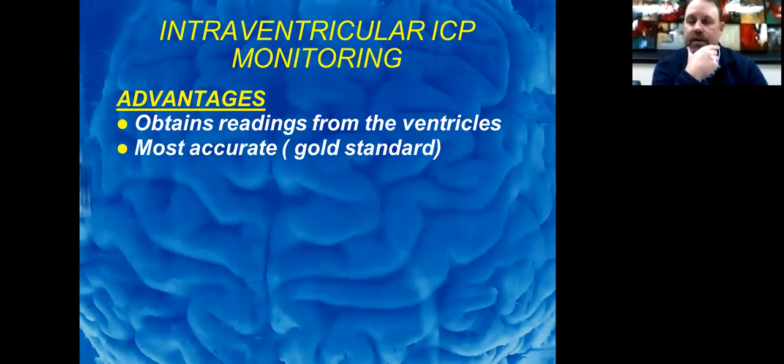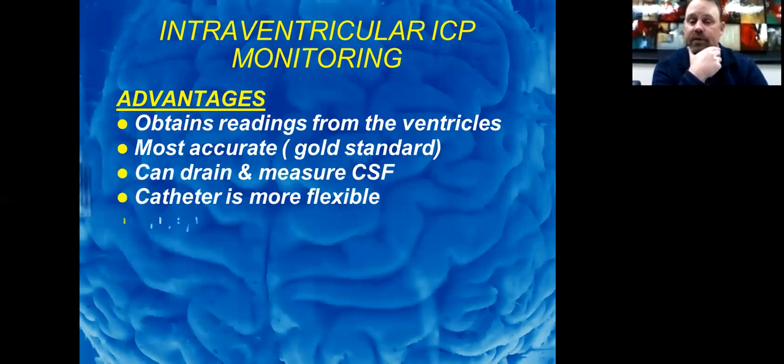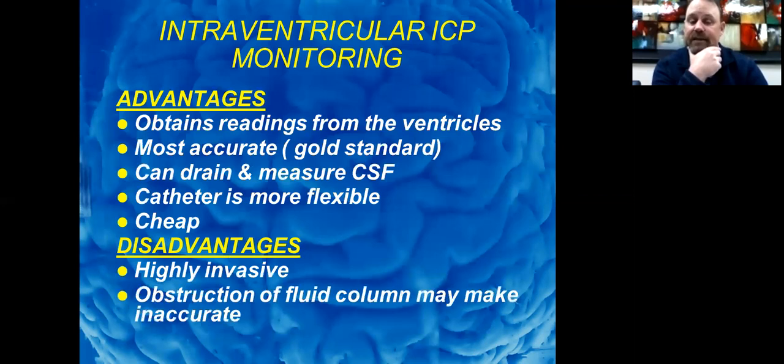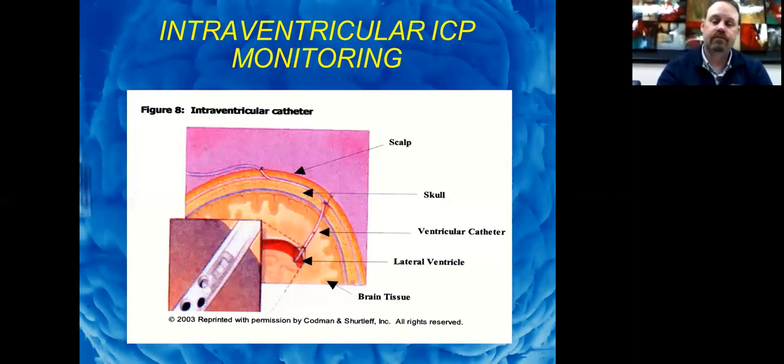This is usually what they put in if they're dealing with severe head injuries. Can drain and measure CSF. Catheter is more flexible. It's pretty cheap. Highly invasive. Obstruction of fluid column may make it inaccurate, so you have to flush or let it drain and flush itself. Must maintain a fixed reference.